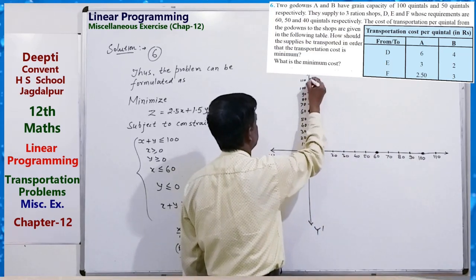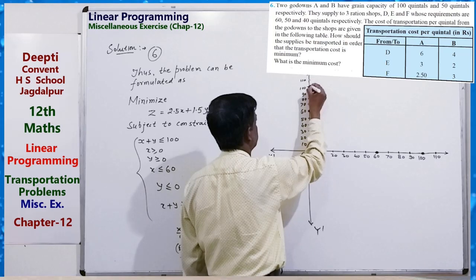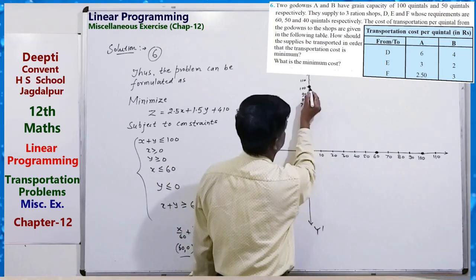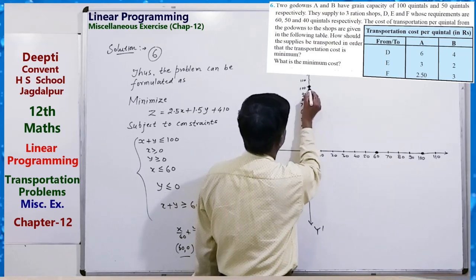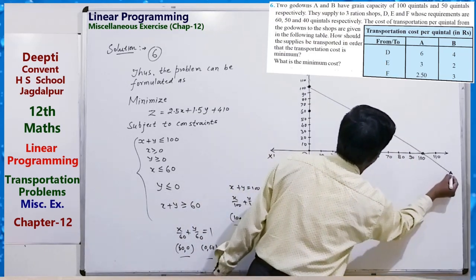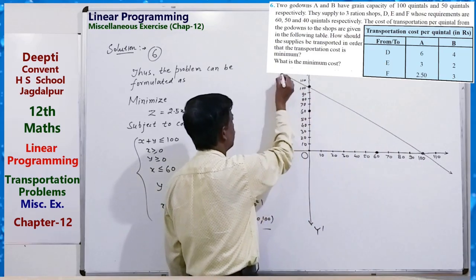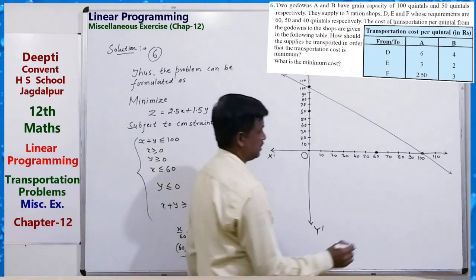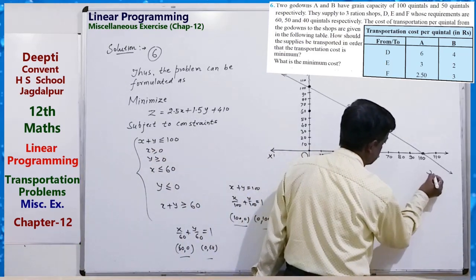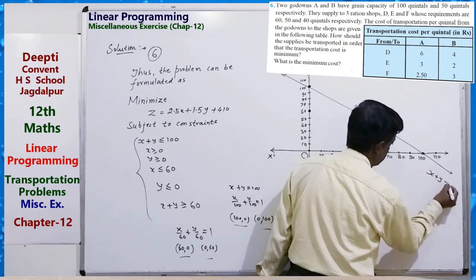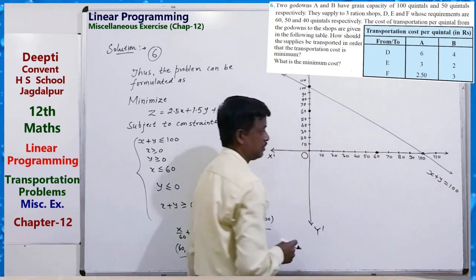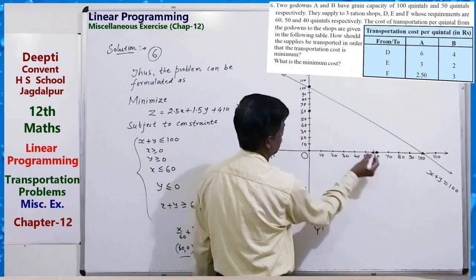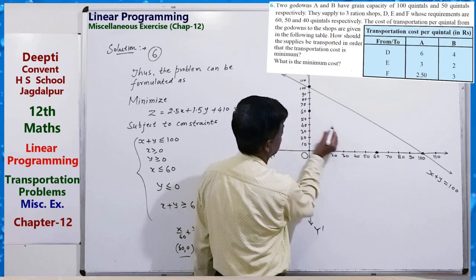This is the point 100. Just draw the graph of a straight line. This is the line x plus y equals 100. Clear? And 60, these two. So here, just draw the line.